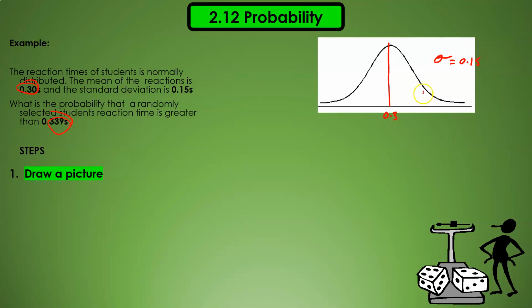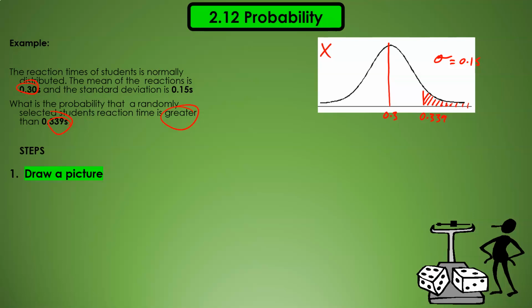So 0.339 is somewhere here. Again, it doesn't have to be a perfect drawing, as long as it helps with showing what you're trying to achieve. Because we're looking for greater than, we are looking for this area here. Sorry, x value.